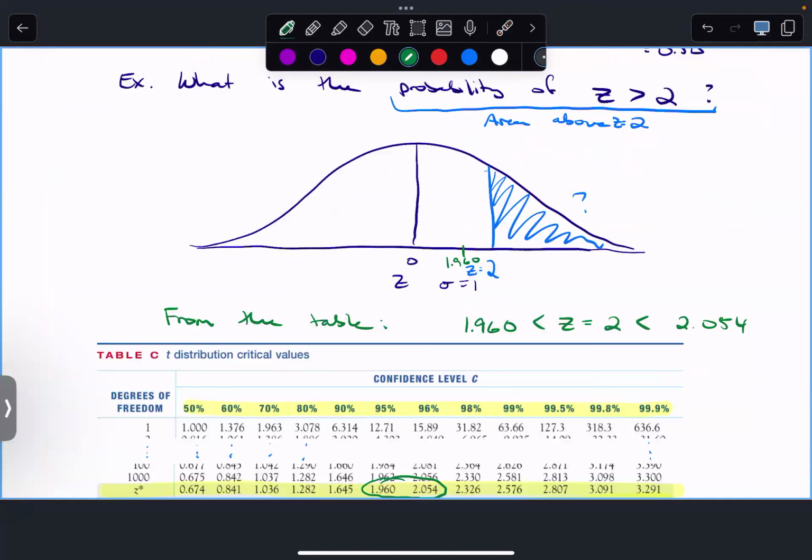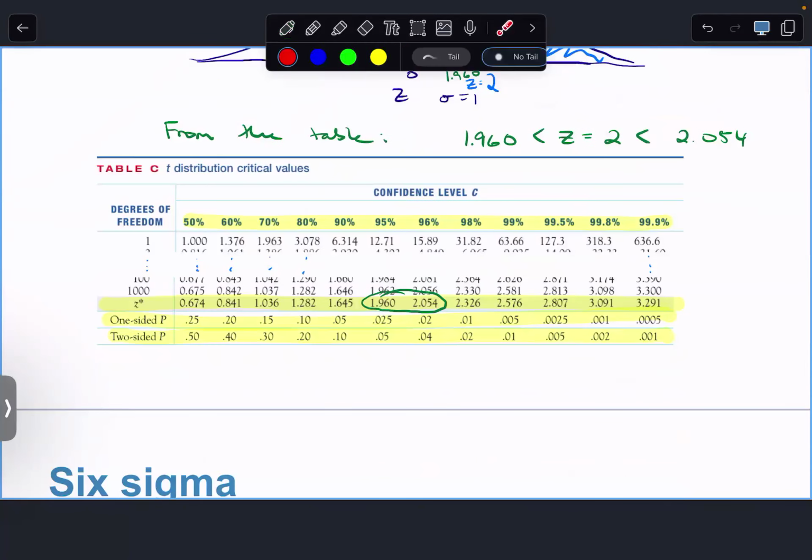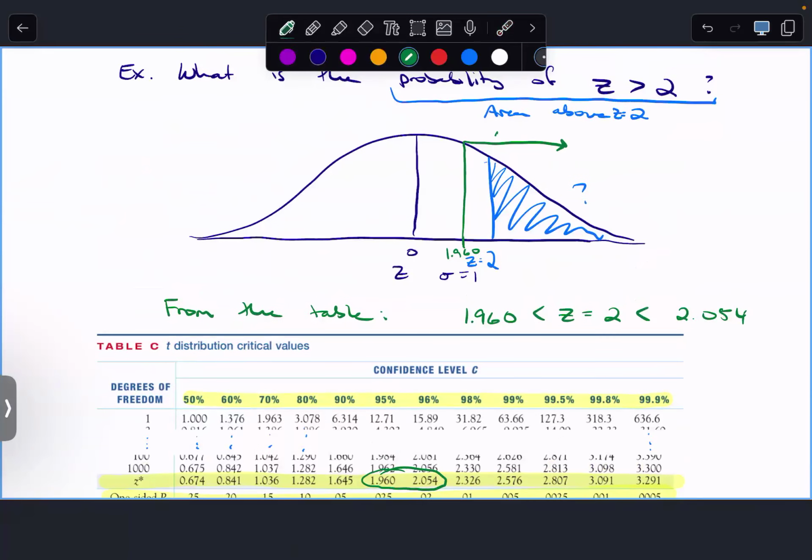So 1.96 has an area, a one-sided P, or an area in the tail of 0.025. So I can write 0.025.